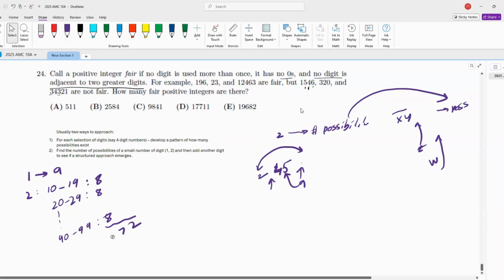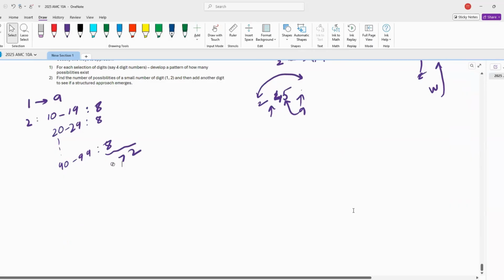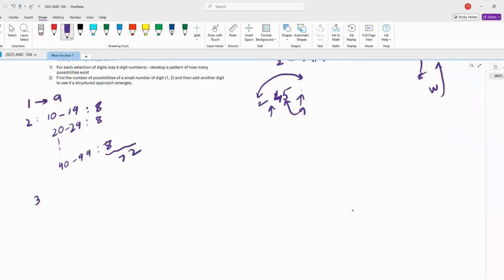So let's try to figure it out with 3 digits. Let's use the numbers 2, 3, and 4. It's not that complicated. We're going to manually write down the number of fair numbers that are possible. Using 2, 3, and 4, we have 234, 243, 342, 432.